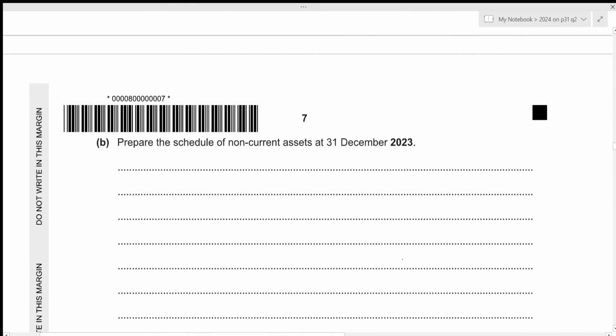We now have to prepare the schedule of non-current assets at 31st December 2023. We're talking about TPLC. We need to prepare the schedule of non-current assets at 31st December 2023. Okay.